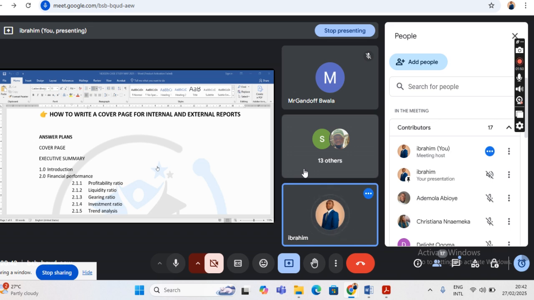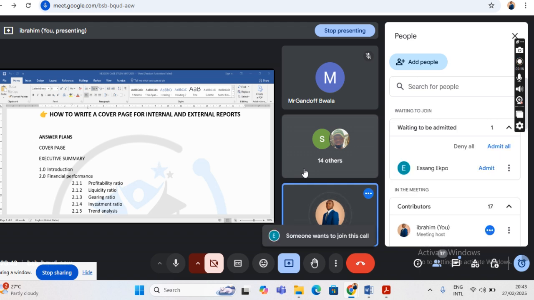Now, if the cover page gives you 90% assurance that this report may be an external report, then when you open your scene, your first exhibit, you see your requirement, you read and confirm that this is an external report.